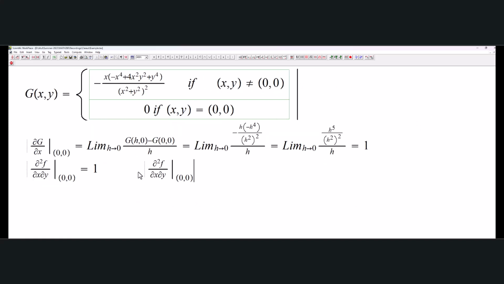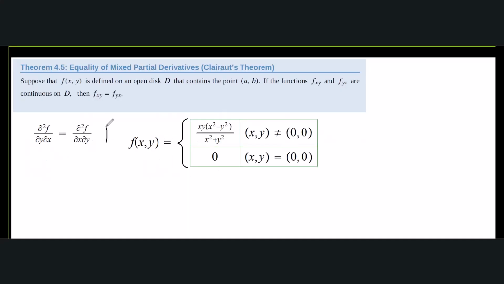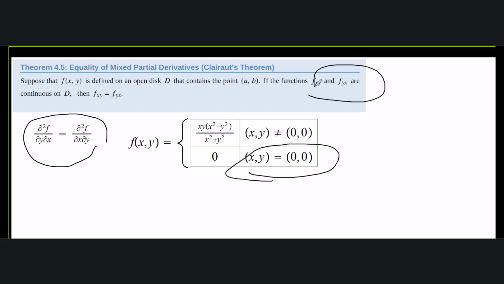That is, if we switch the order in which we took the differentiation, it becomes -1. So these are different, and you can see that even though these two turned out to be different at 0, 0, these guys are not continuous at 0, 0.